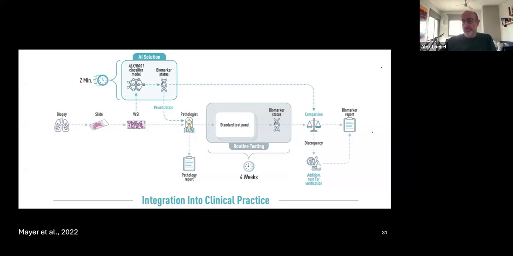Another avenue is a research consortium of hospitals that create databases and collaborate with an AI research group to develop their own models. One of the biggest groups is the group of Faisal Mahmoud. He's one of the leaders in computational pathology.